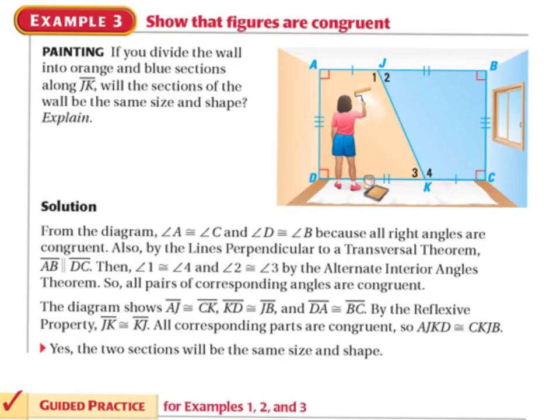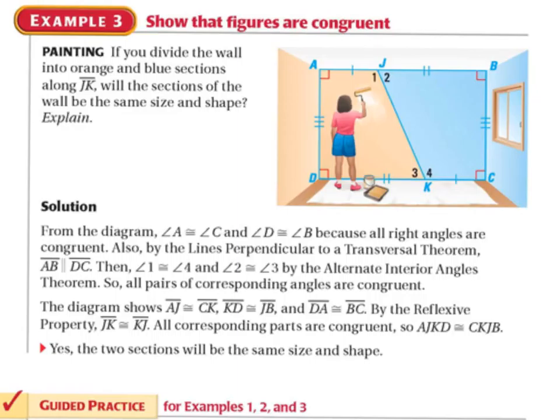So we can then see our fourth side here, which was the JK. So we know by reflexive property that that's going to be side 4 congruent to side 4. That makes pretty obvious sense there. And then with our angles, we have our two right angles over here, our AD and our BC, that are congruent.